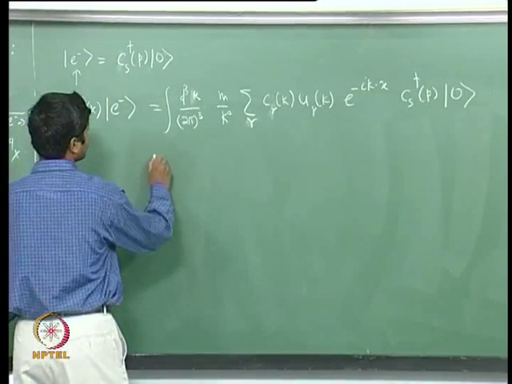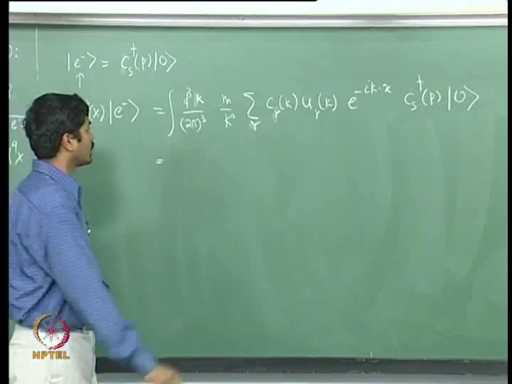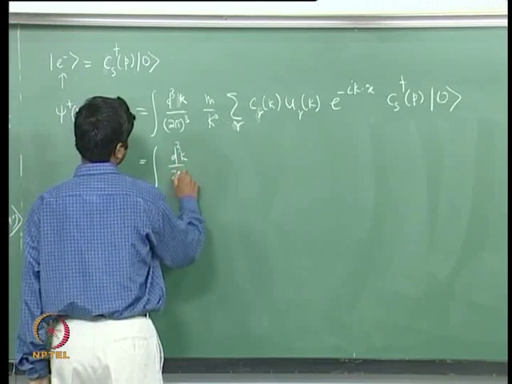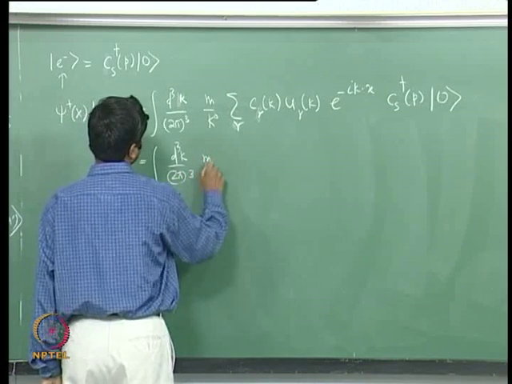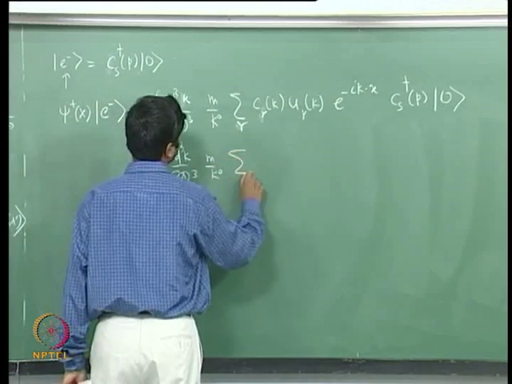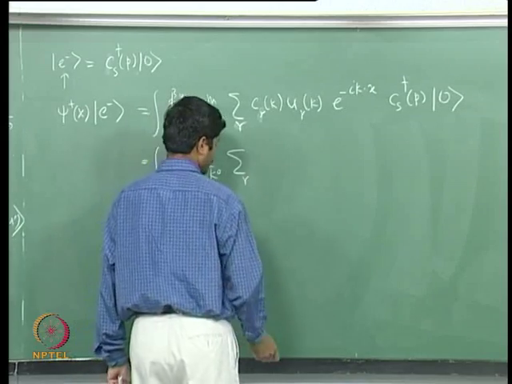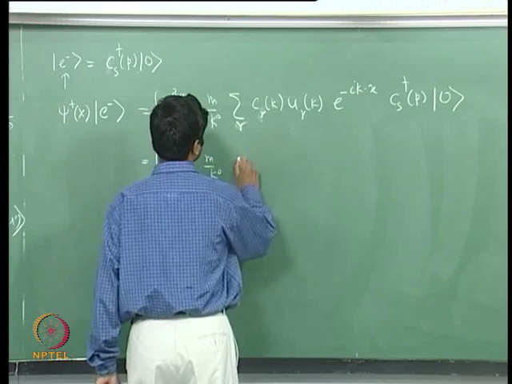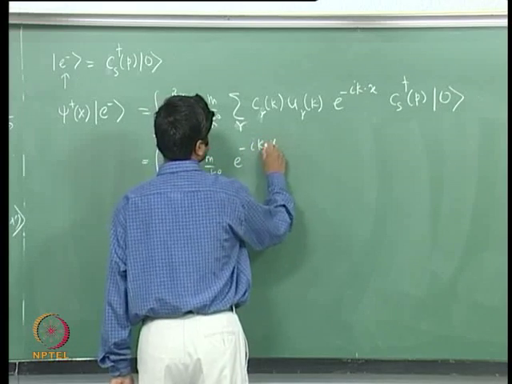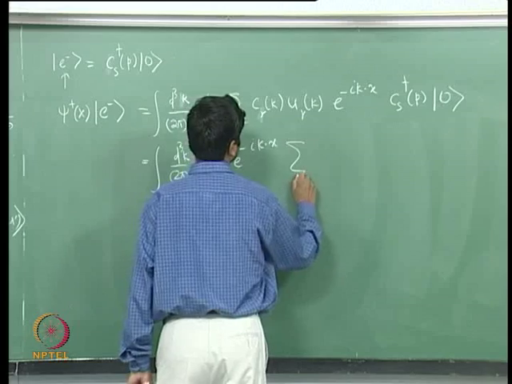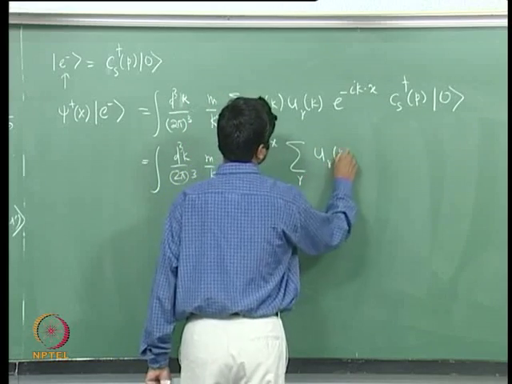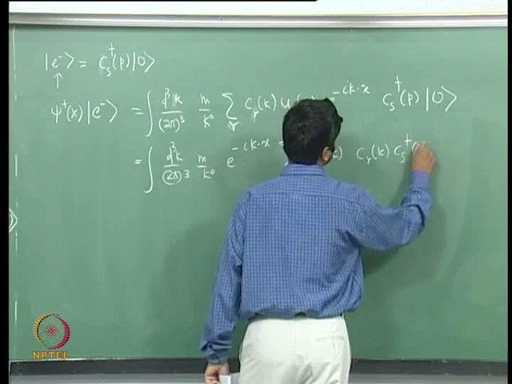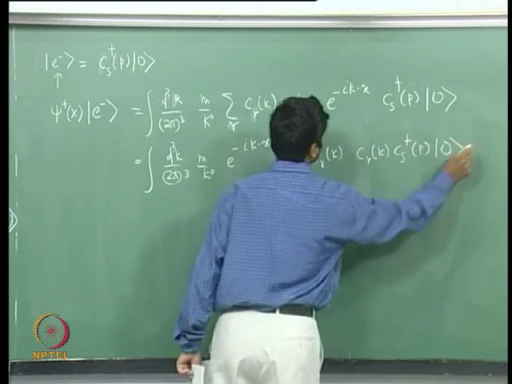So, what do we get? I can rewrite this term as d3k over 2 pi cube, m over k0, e to the power minus i k dot x, then you have sum over r, u r k, c r k, c s dagger of p acting on the ground state.